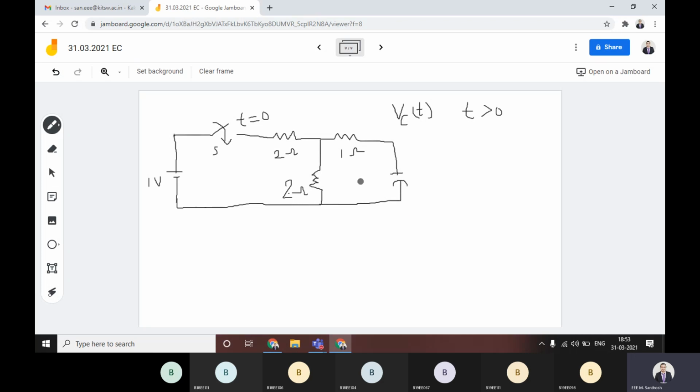That capacitor value is 1 farad. You have to find the voltage across this capacitance, that is Vc, at t greater than 0.